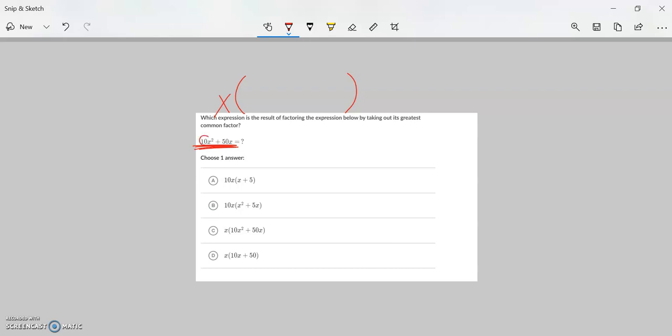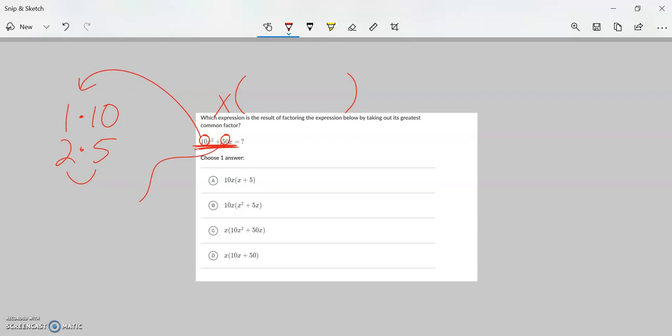And looking at our coefficients, our numbers in front, 10 and 50, we want to find the greatest common factor of those two numbers, meaning what numbers multiply into it. So for 10, we have 1 times 10, 2 times 5, 3 doesn't go into 10, 4 does not go into 10, and then 5 is there, so we've looped around.